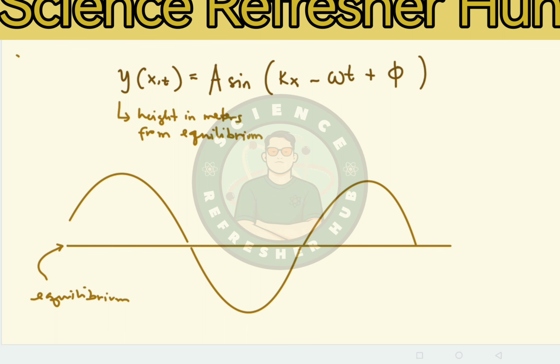The distance between the equilibrium and our point where the sinusoidal wave begins to move, this is our y, the distance from the equilibrium to the certain point where the plotting of this up-down motion begins. That's the y.